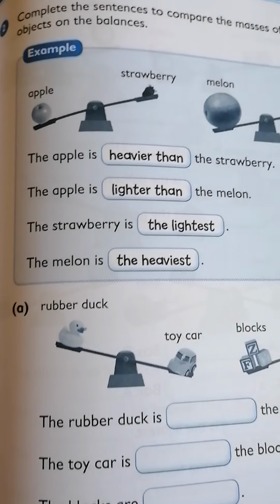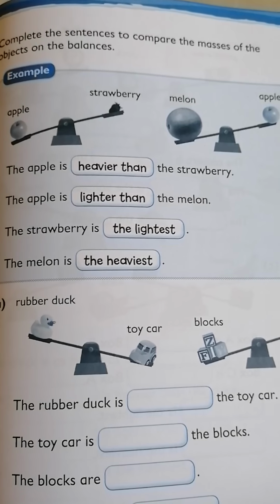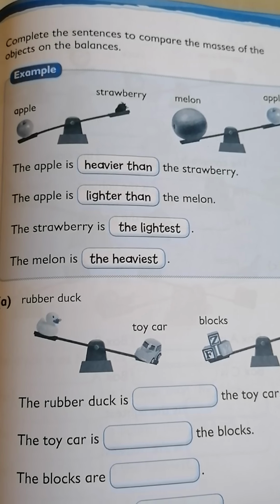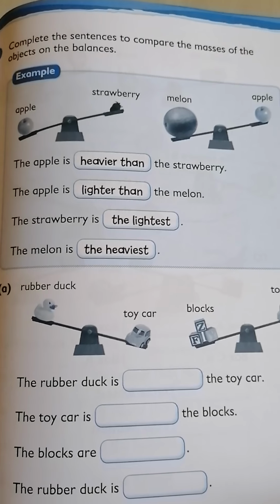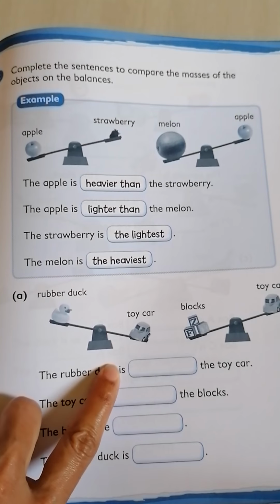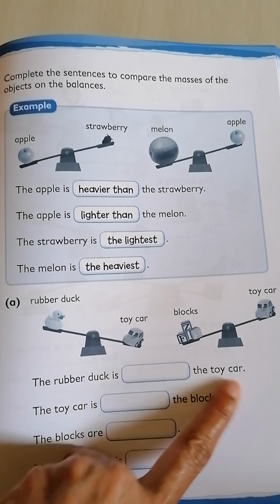Now here, we have to complete the sentences to compare the masses of the objects on the balances. Now let's see. The rubber duck is lighter than the toy car.